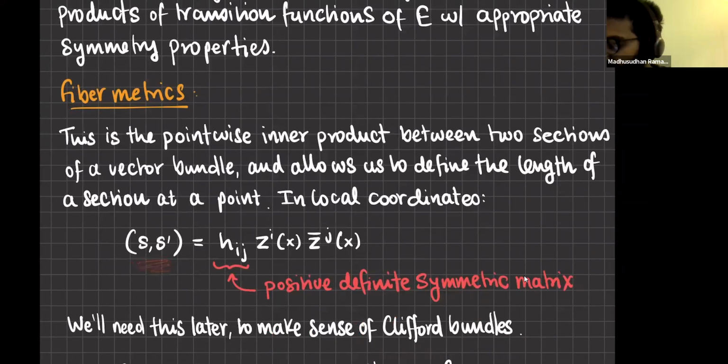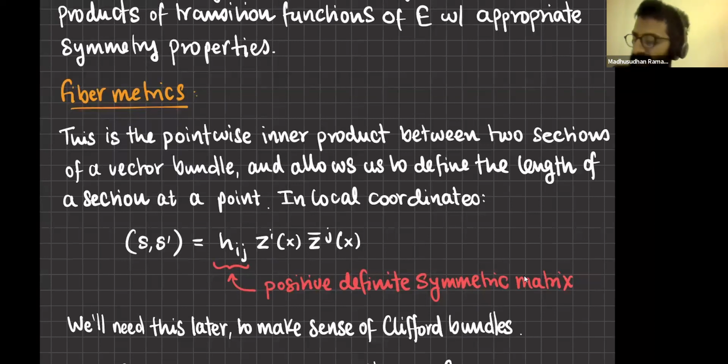The inner product is mediated by a positive definite symmetric matrix H_ij, and the z_i here are really just coordinates in, let's say, C^k. You're defining an inner product using this positive definite symmetric matrix H_ij on the space of sections, and this is called a fiber metric.